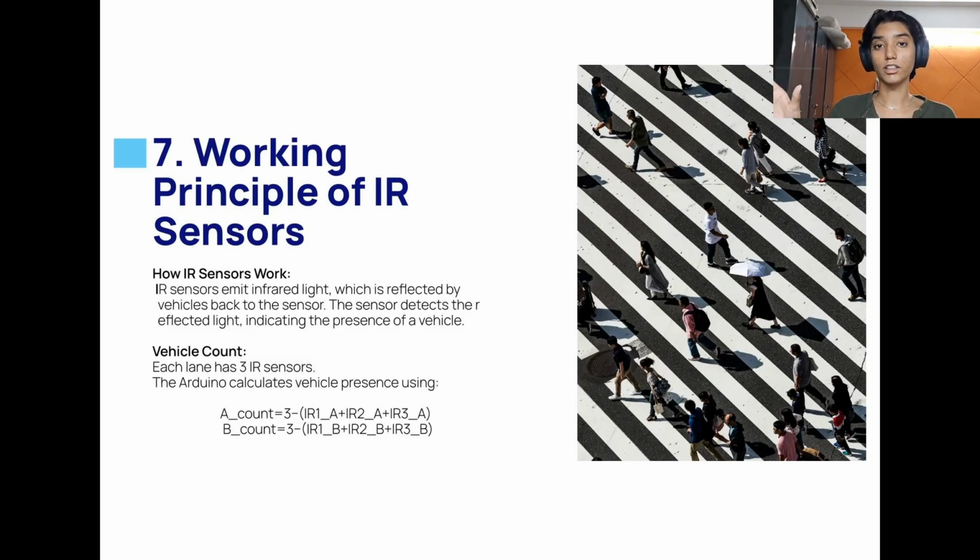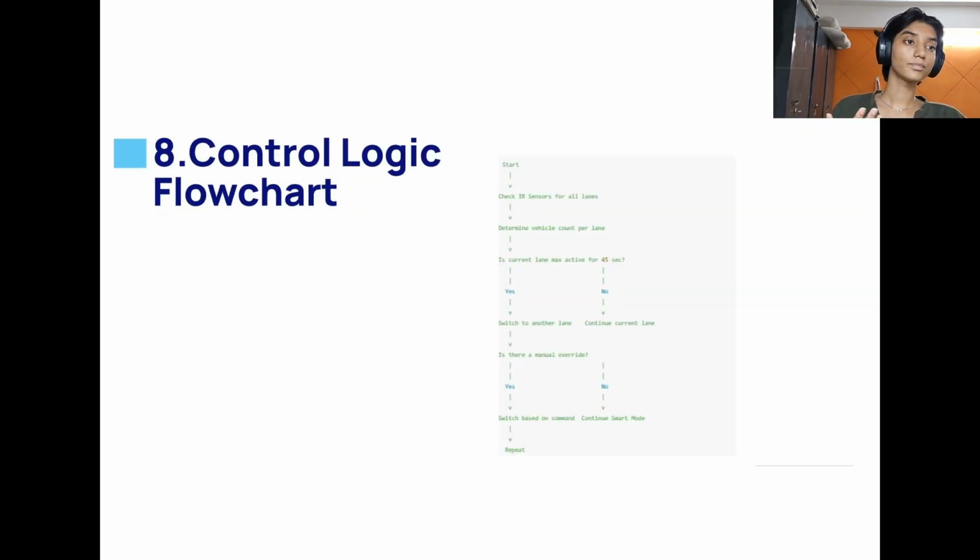It does the same for the other lane, checking whether the first two IR sensors are glowing, or whether the first IR sensor is glowing, or whether all the sensors are glowing, or whether no sensors are glowing. So that is used in the A count and B count.